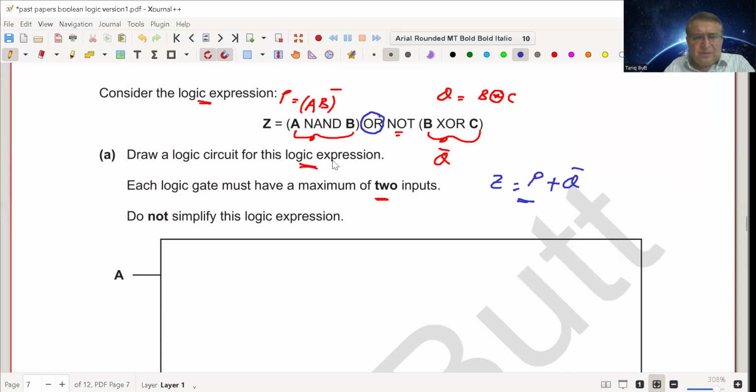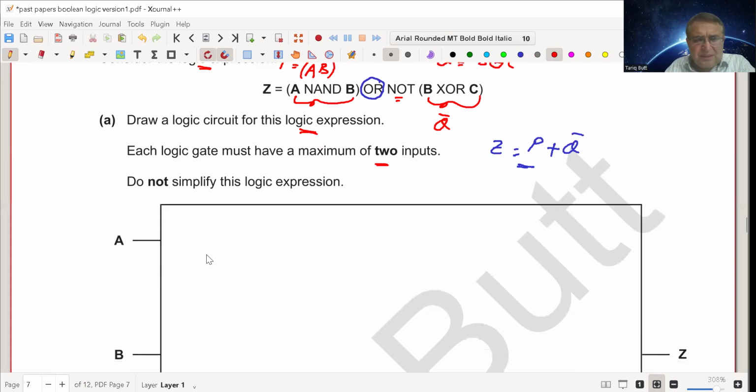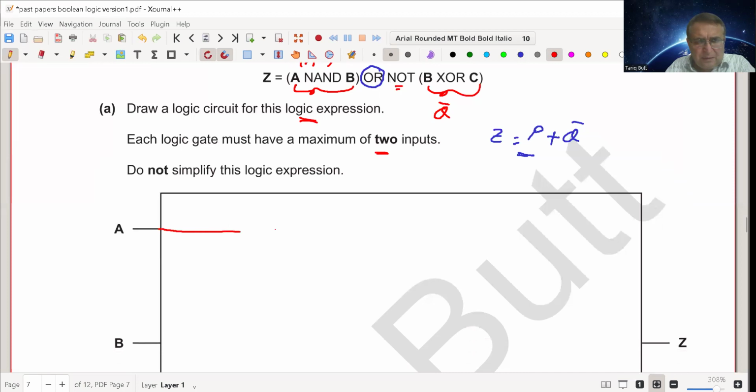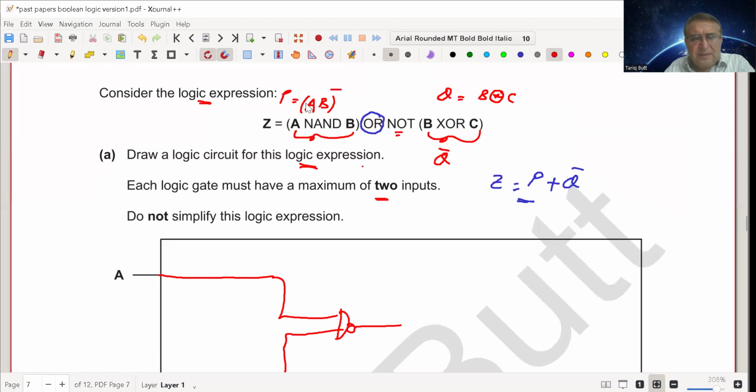Fine. So let's draw the logic circuit first. That is this sub expression A NAND B. So A, B, so A NAND B. Fine.